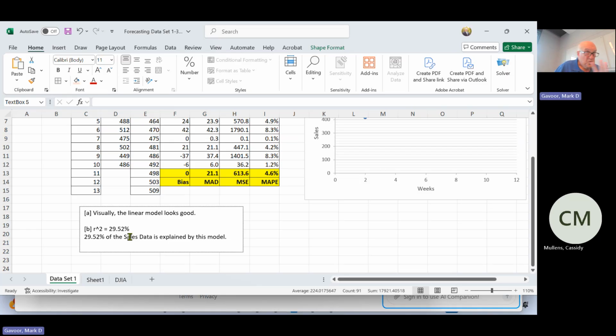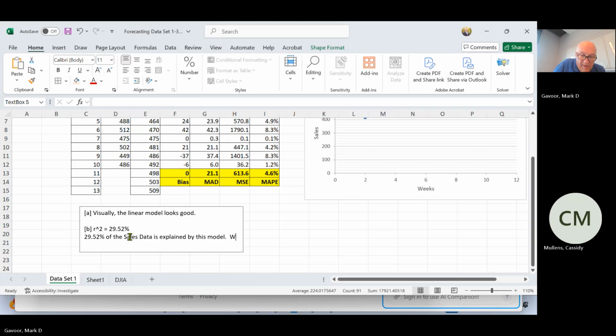Not the X data, it's 29% of the variation in sales is explained by this model. I would write it just like that, except if your R squared is 48.7, don't write 29.52. This is the interpretation of R squared. The percent of the Y data, in this case it's sales, that is explained by this model.